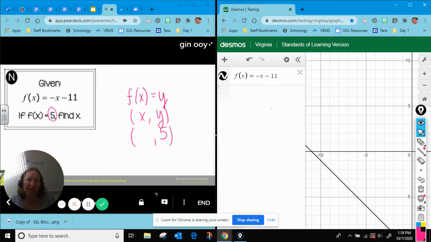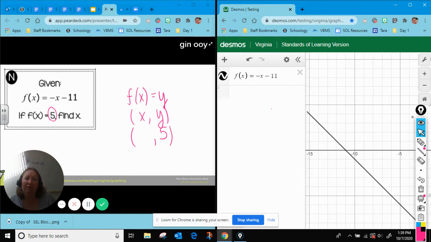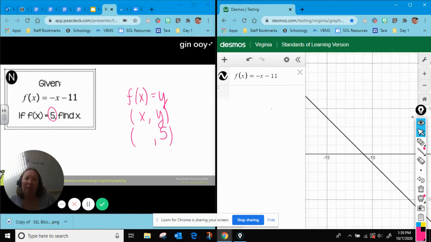So I come over here to the y-axis, right? And I come to where 5 is. And then I've got to scroll over to the line. I'm scrolling. Boom, that spot right there. Okay, my mouse is getting it really precise. There it is, (-16, 5).